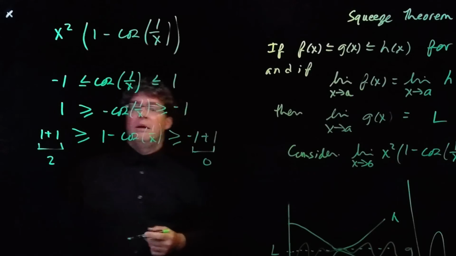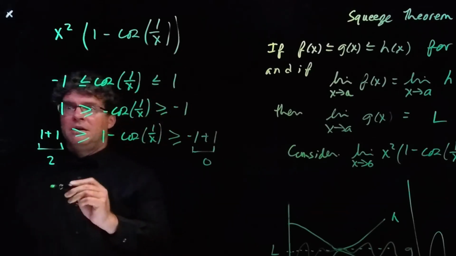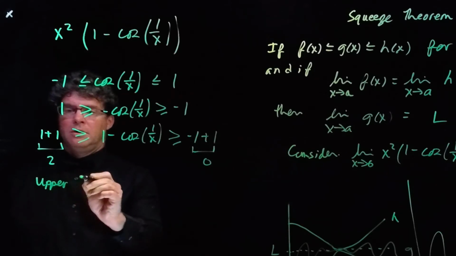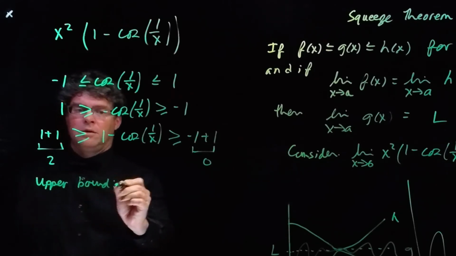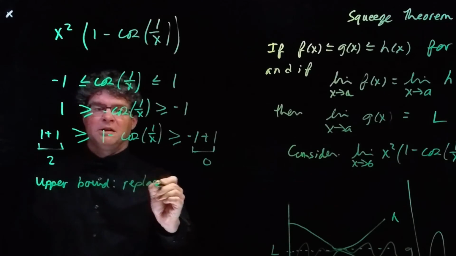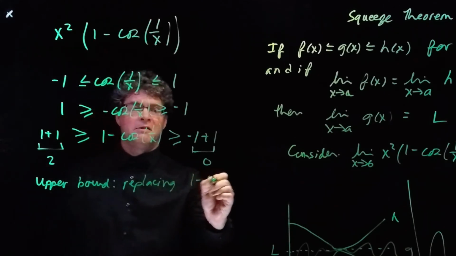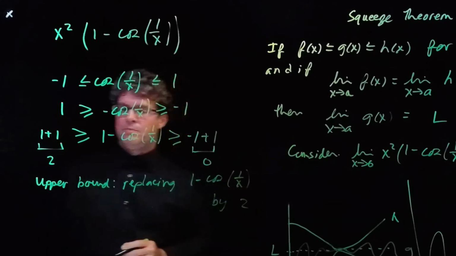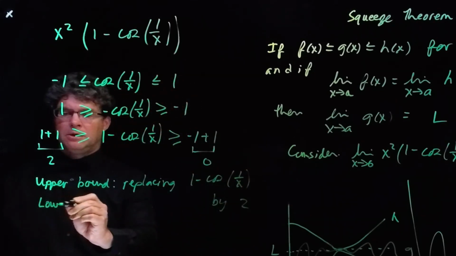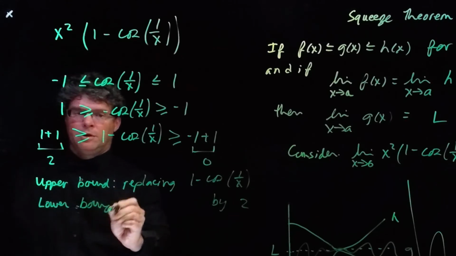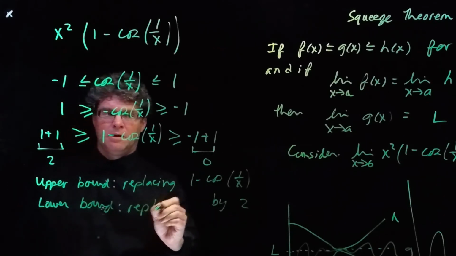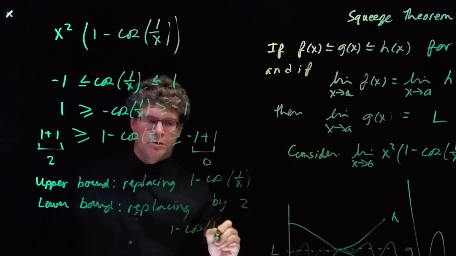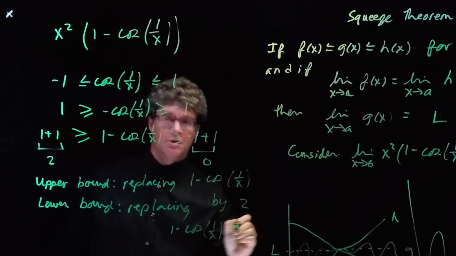So this tells us that the upper bound is by replacing 1 minus the cosine 1 over x by 2, and the lower bound is replacing 1 minus cosine 1 over x by 0.